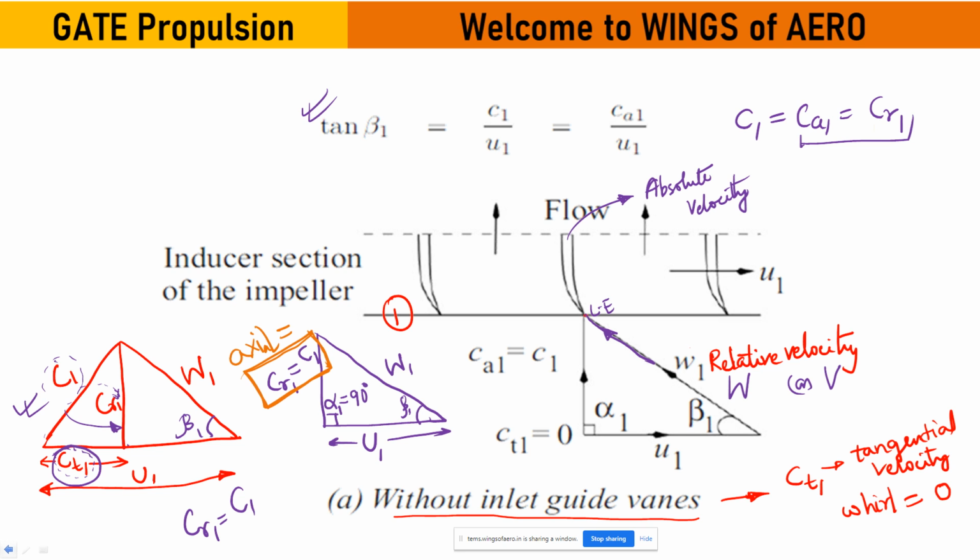Yes, one doubt. You told that without inlet guide vanes the tangential velocity is zero. Is there any reason? I will tell you the reason. Very soon there will be one concept called the pre-whirl concept. In that case I will tell you why it is not zero and why it is zero.